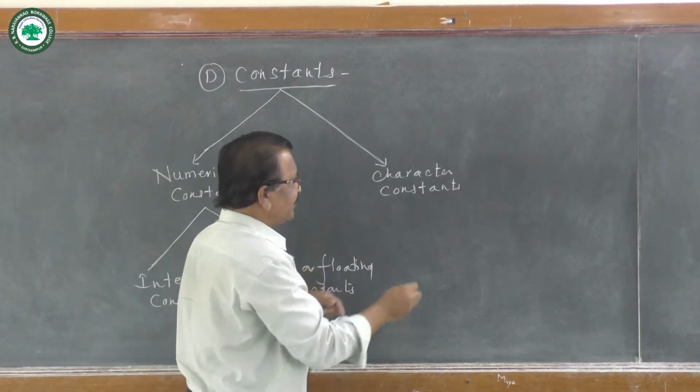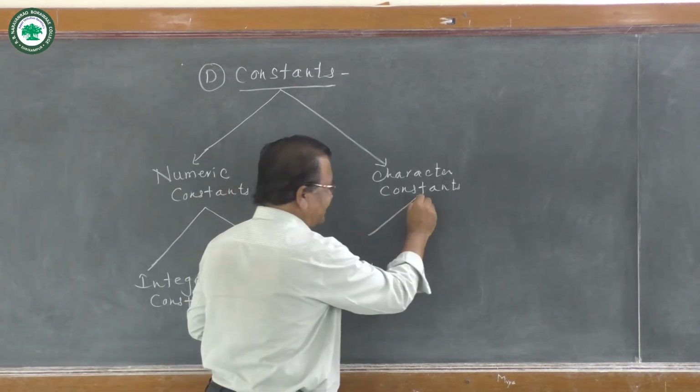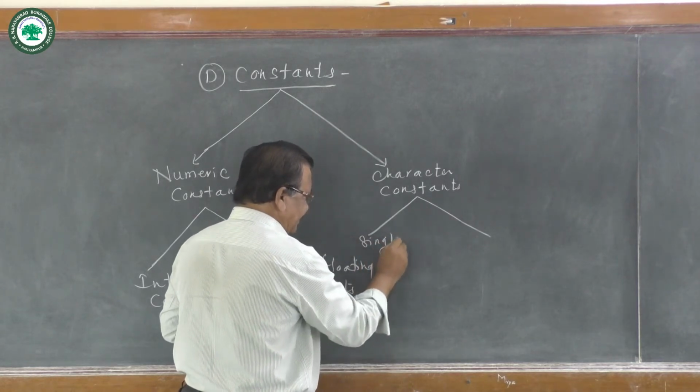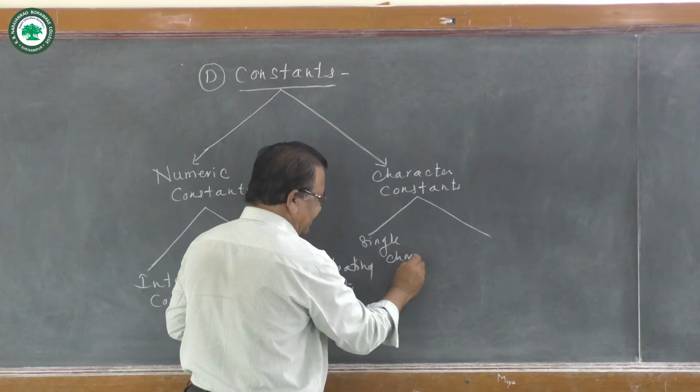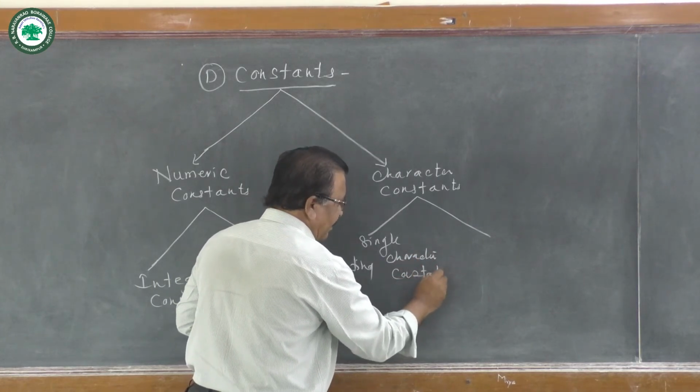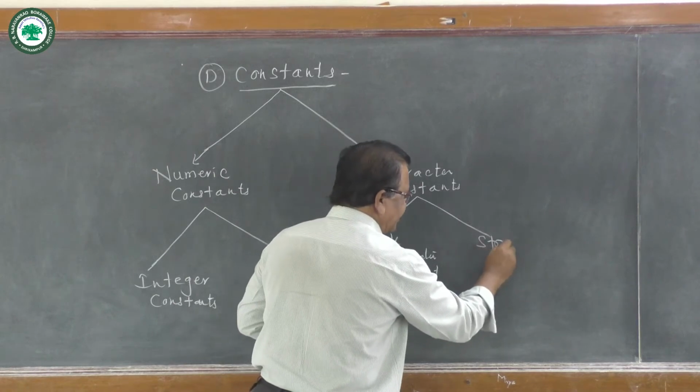Character constants are further classified into two categories, namely single character constant and string constant.